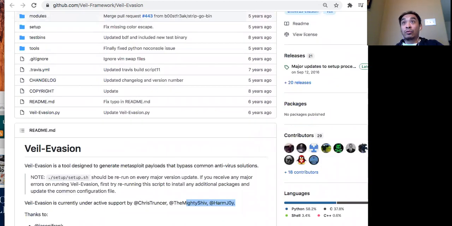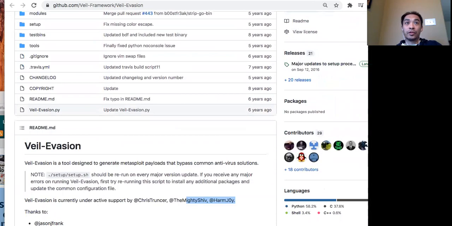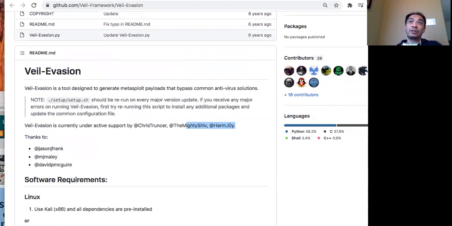But as you'll notice, it hasn't been updated for a very long time, because this is a very dicey, controversial topic in our red teaming community: who has access to red teaming tools and how powerful your red teaming tools are. So when it comes to AV evasion and tools that can evade it and get code execution, it's a hotbed topic, and there are pros and cons to both sides of that debate.